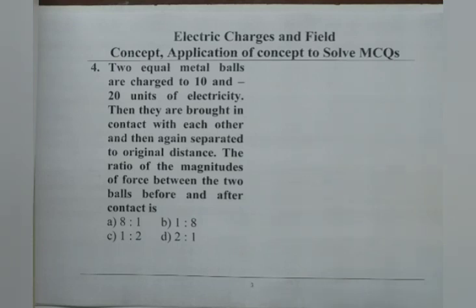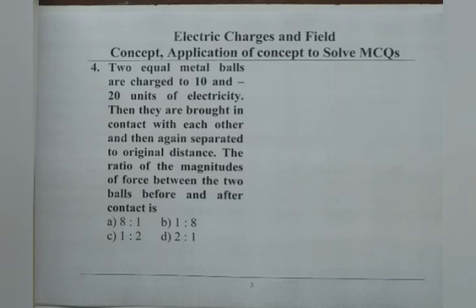We read, two equal metal balls are charged 10 and minus 20 units of electricity. Then they are brought in contact with each other, then again separated to original distance. The ratio of magnitudes of force between two balls before and after.